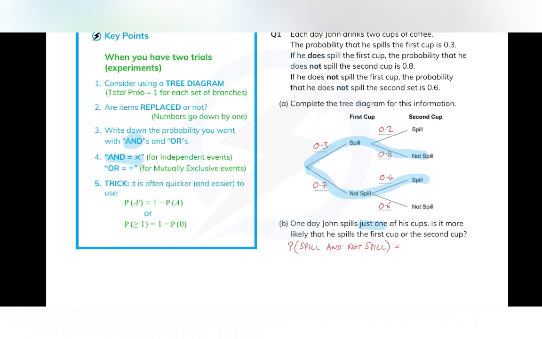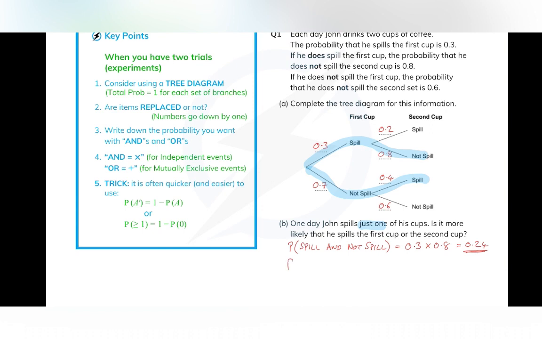and now I'm going to use and equals times. So spill and not spill, taking that first highlighted set of branches, is 0.3 times, because it's and, 0.8, and that is 0.24.